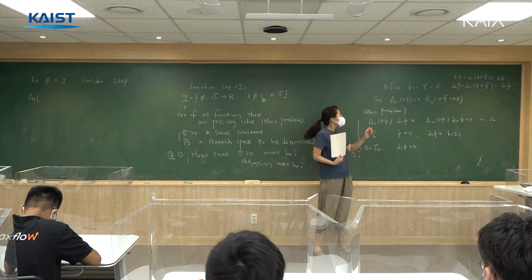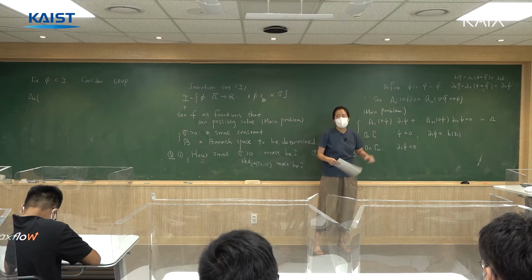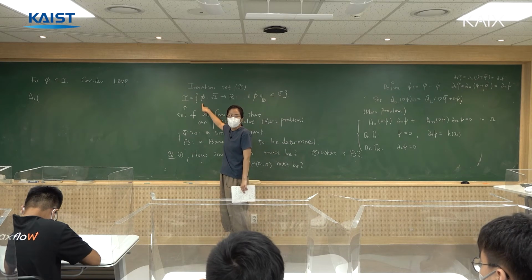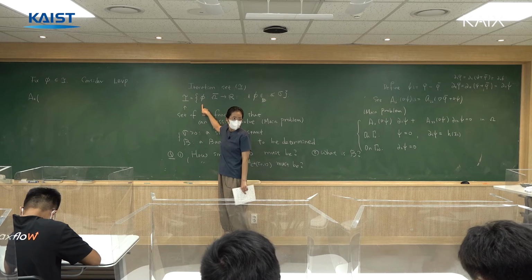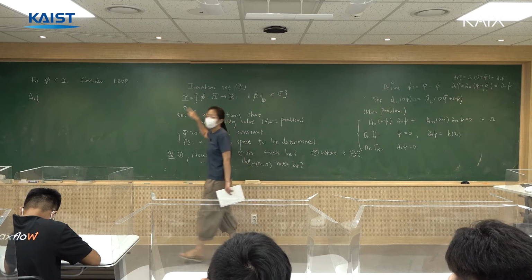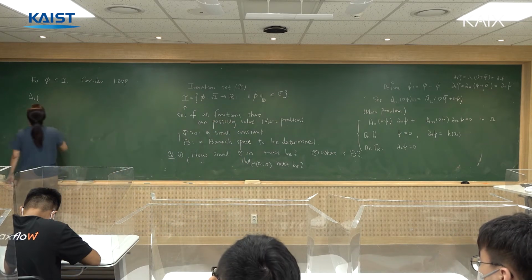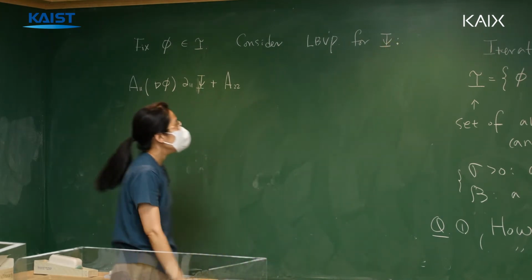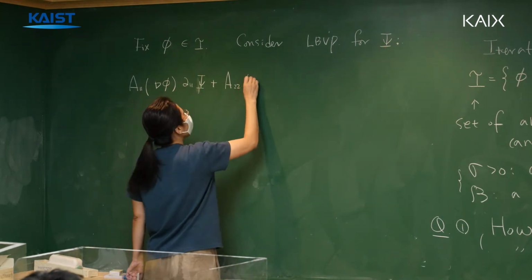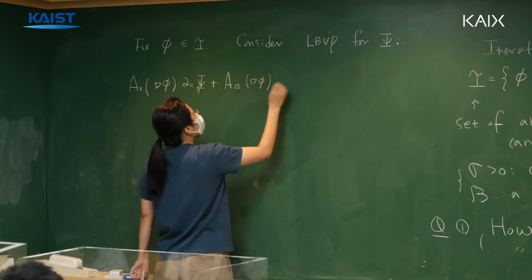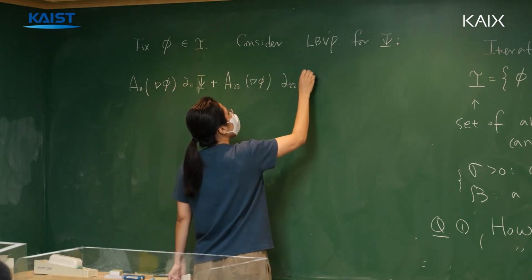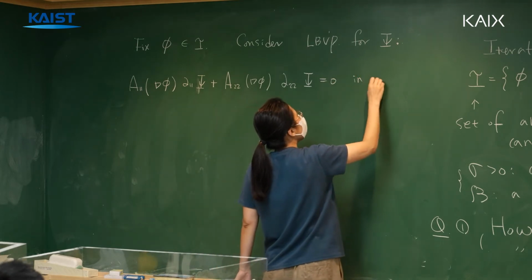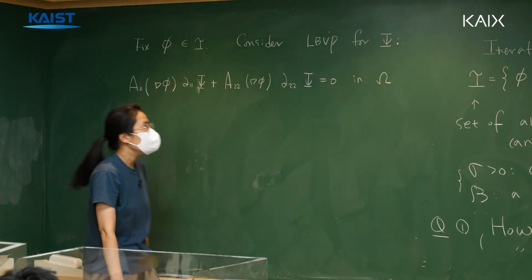So we are going to replace this gradient of small psi with the gradient of phi for a fixed function in the iteration set. Let me tell you the strategy first, okay? So then A11 grad phi big psi, not small psi, A22 grad phi D22 big psi equals 0 in omega, okay?